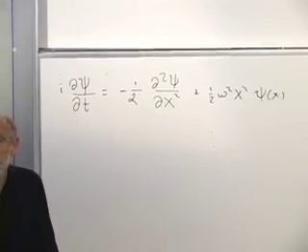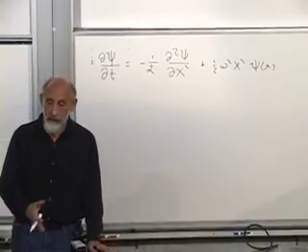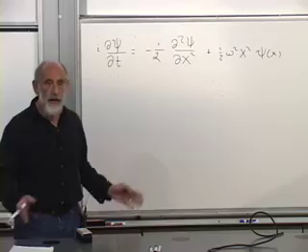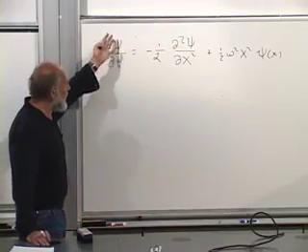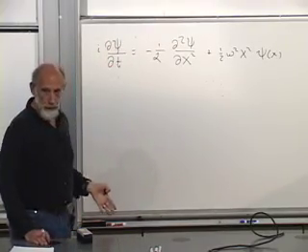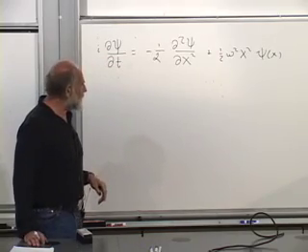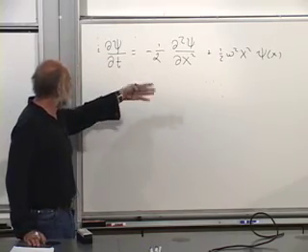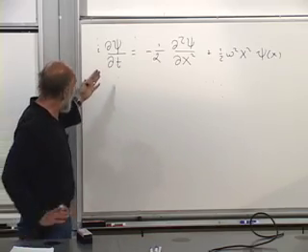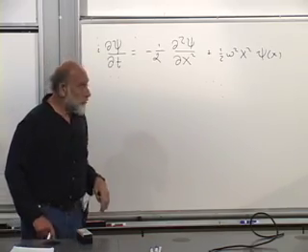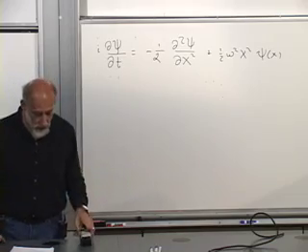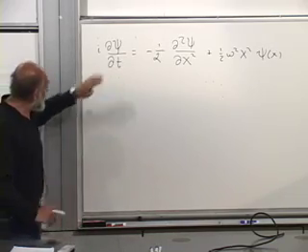So the wave function, when it varies with time, it's not consistent to look for a real solution. The solutions must be complex, because even if it started real, it would soon become complex because of this i here. So psi is a complex function of x and t, and it satisfies this equation.